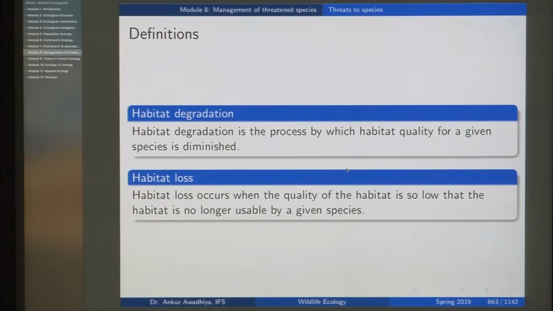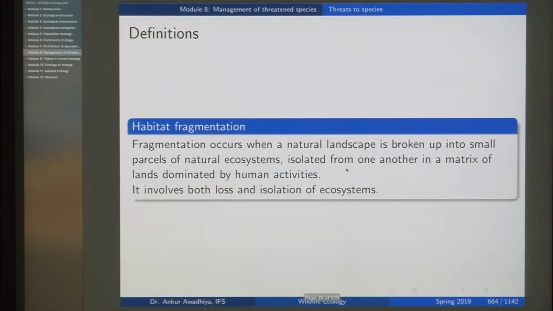When degradation becomes very high, so the quality is so low that the habitat is no longer usable, we call it a habitat loss.